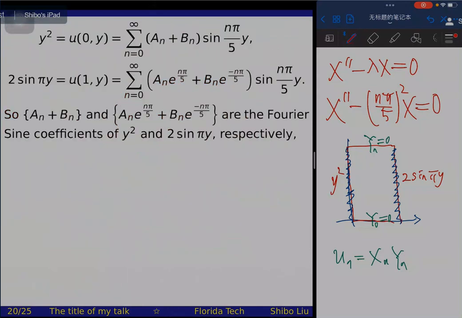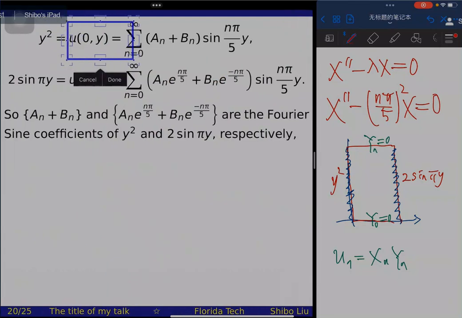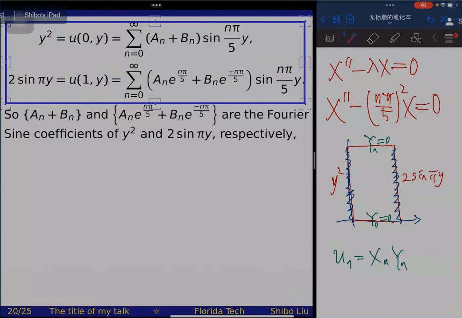So these two equalities mean that the coefficients an plus bn for the first equality, and an e to the n pi over phi plus bn e to the minus n pi over phi, these two sequences of numbers are the Fourier sine coefficients of y squared and 2 sine pi y.